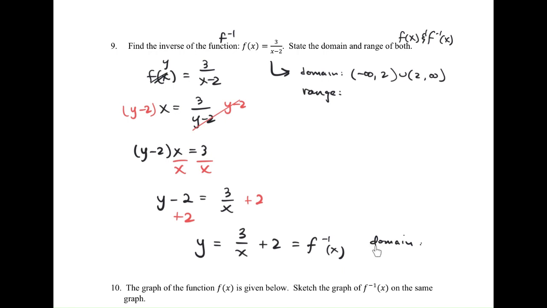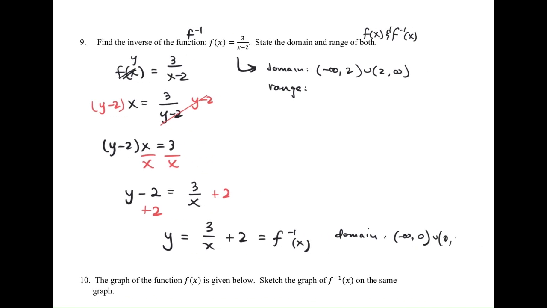So the set of x values for the inverse is the set of y values for the original function. So the domain here is all values except for 0. We can't divide by 0 right there. So that domain is negative infinity to 0 and 0 to infinity, which means that's the range here. And then if this is the set of x values for the original function, that becomes the set of y values for the inverse function.